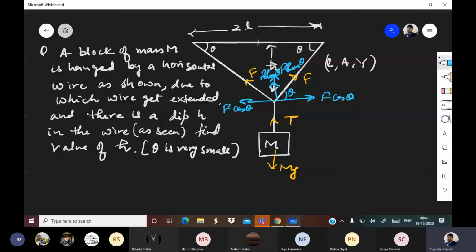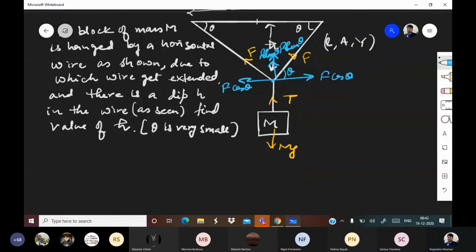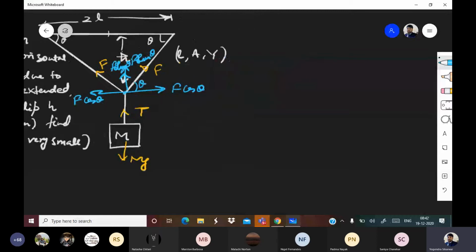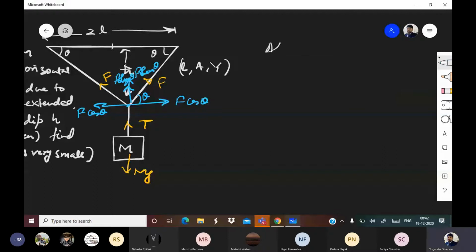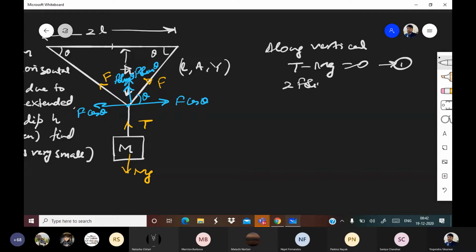So along vertical, if you see, along vertical, T minus mg is equal to 0, equation number 1, and 2F sin theta minus T is equal to 0.